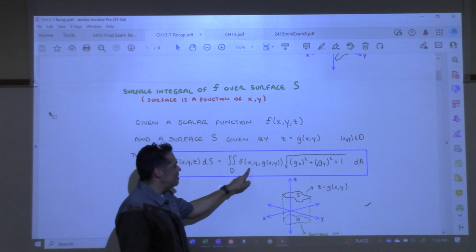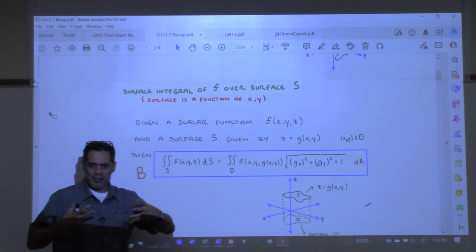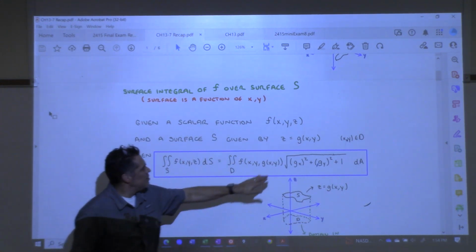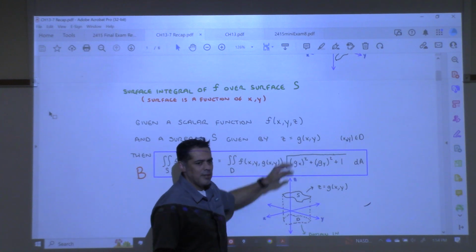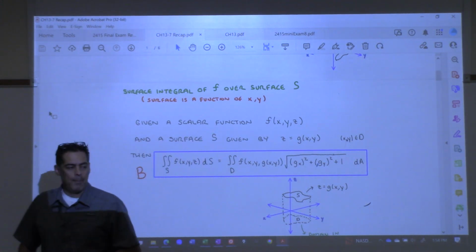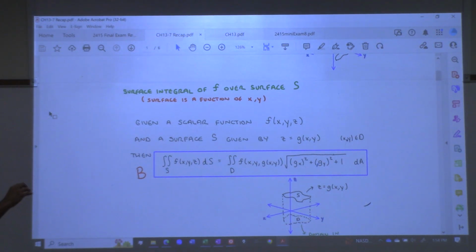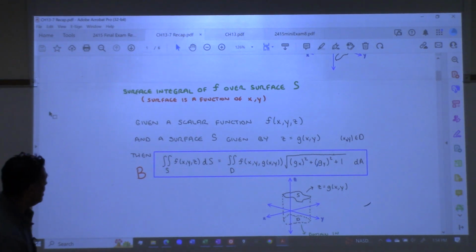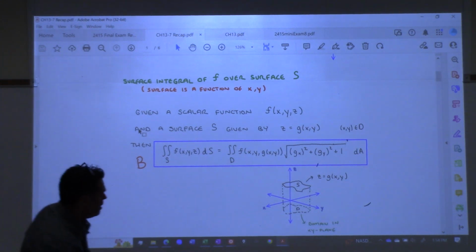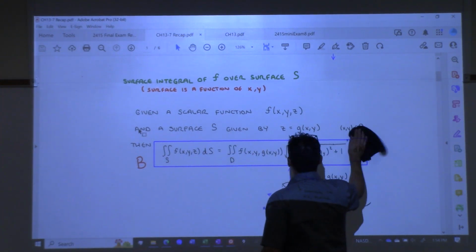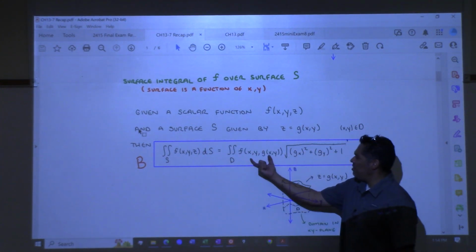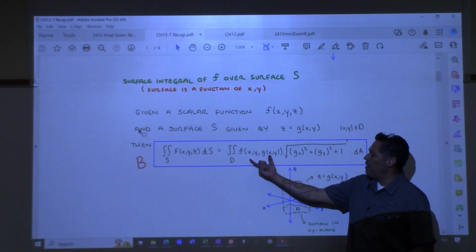Because the f is already taken. The f is the scalar function that's given to me, so I can't use f twice. So I'm using g as the part that, the z component of the surface, is some function of x and y. So if we go through and calculate this again, this doesn't change, well, this does change a little bit.